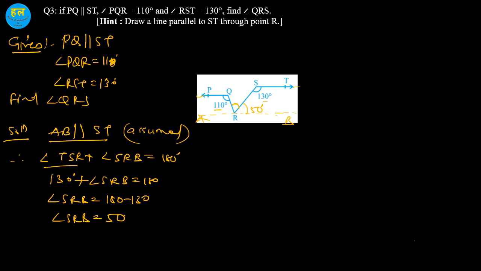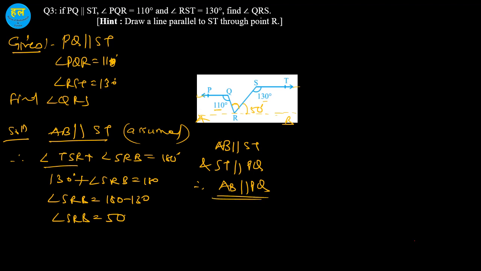Similarly, since AB is parallel to ST and ST is parallel to PQ, therefore AB has to be parallel to PQ, because lines which are parallel to the same line are parallel, right?